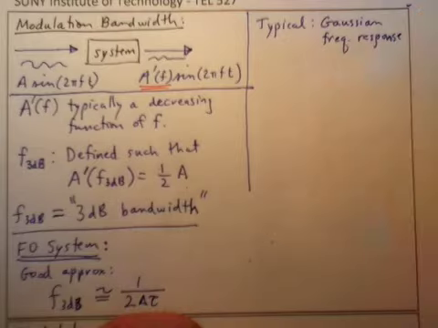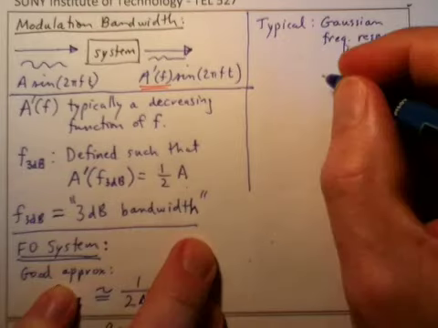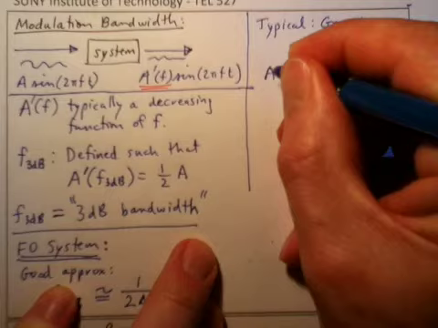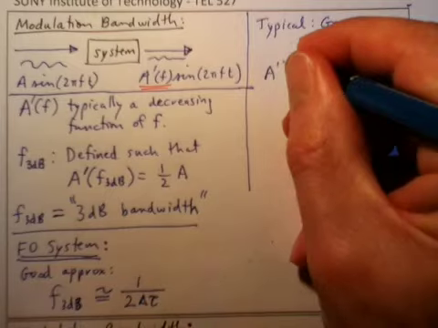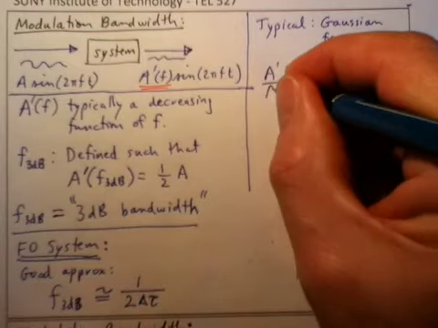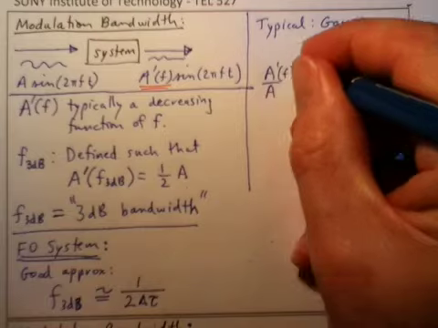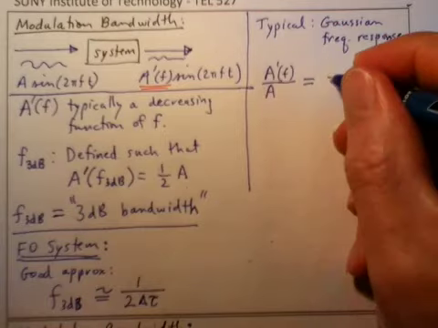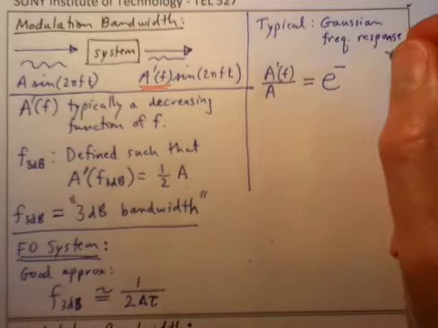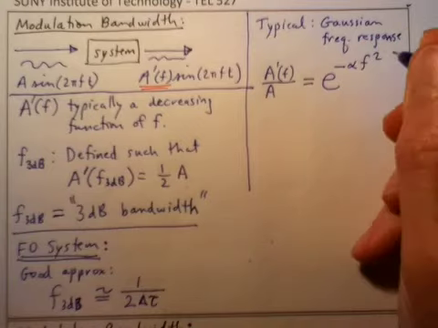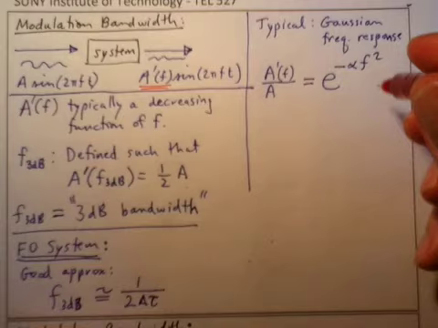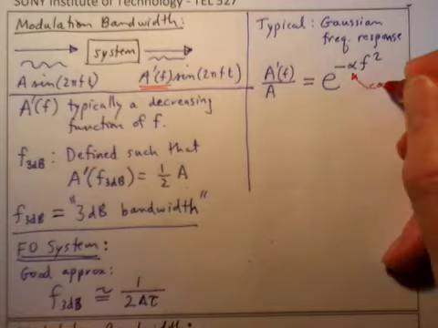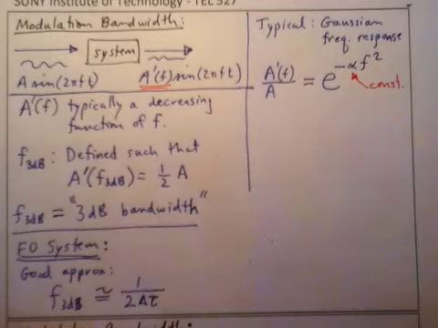Okay, and what we'll do is write that A prime over A, this ratio, which is a function of frequency, looks something like e to the minus alpha f squared, where alpha is a constant.